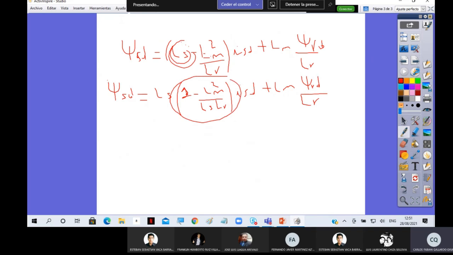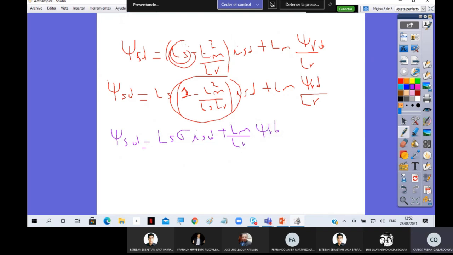Taking out the stator inductance, this becomes 1 minus the magnetizing inductance squared over the stator inductance times the rotor inductance, times the stator current on the d-axis, plus the magnetizing inductance times the rotor flux over the rotor inductance. Once again, this is the leakage coefficient. So the stator flux on the d-axis is equal to the stator inductance times the leakage coefficient times the stator current on the d-axis, plus the magnetizing inductance over the rotor inductance times the rotor flux on the d-axis.